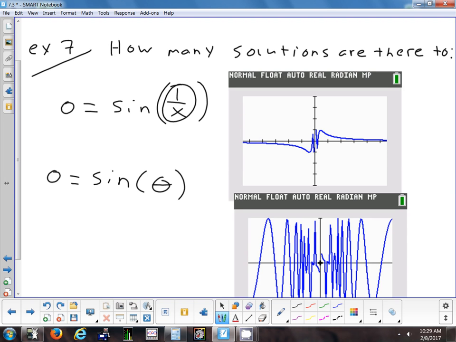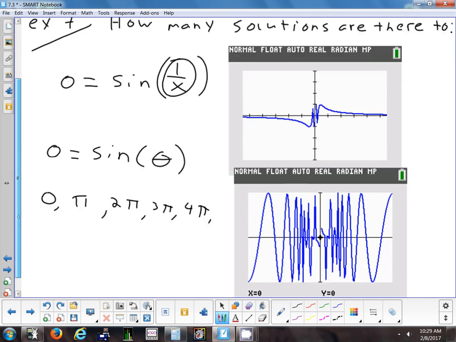No, sine of 90 is 1. 0. 0, 360, which is a repeat of 0. So 0, 2 pi, pi. What would be the next one after 2 pi? 3 pi over 2. Nope, 3 pi over 2 is 270. That's the sine of negative 1. 4 pi is another one, but 3 pi.